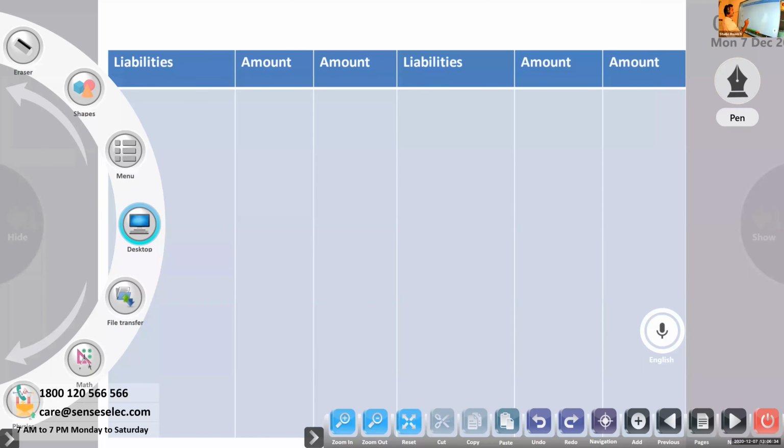So first cash in hand, asset, 10,000, 36,000. Next debtors.